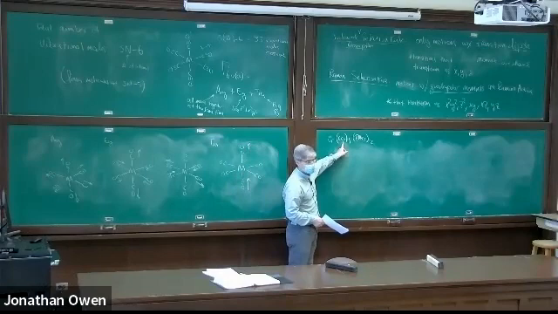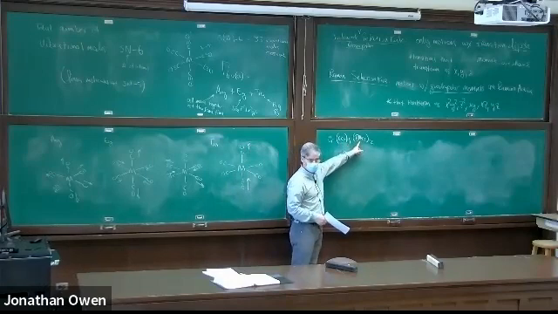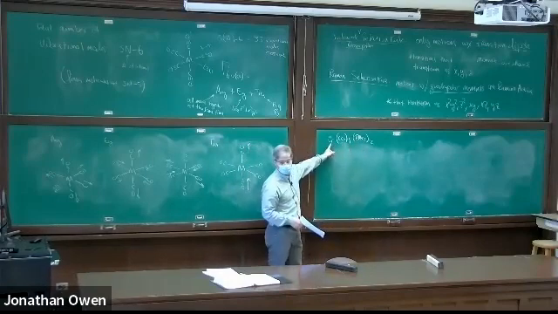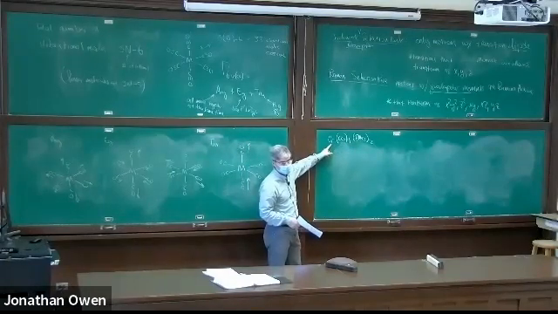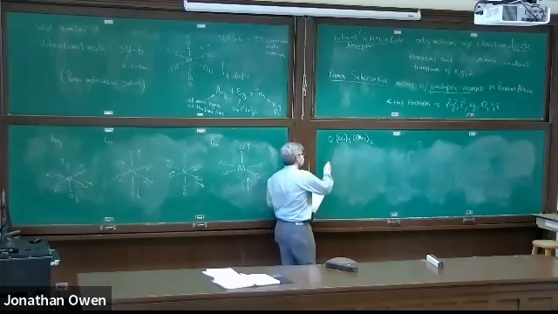Eight, 4, and 6. Octahedral d6, good chance that it's going to be 18 electrons. Octahedral d6 metal center is usually 18 electrons.